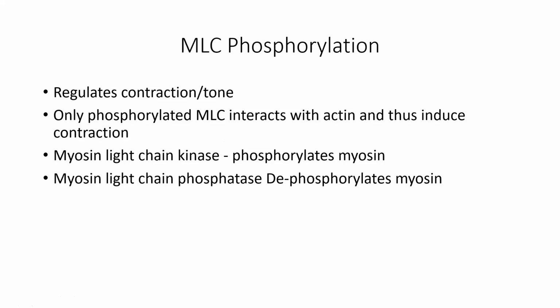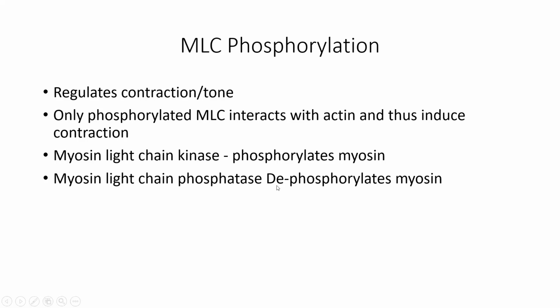Well, in order for the myosin light chain to start this whole contraction process, phosphorylation of myosin light chain has to occur. Yeah, MLC actually stands for myosin light chain, so don't get confused.